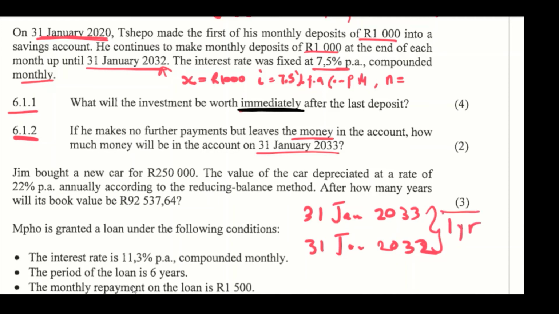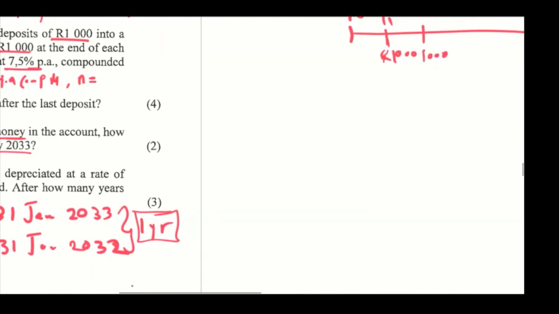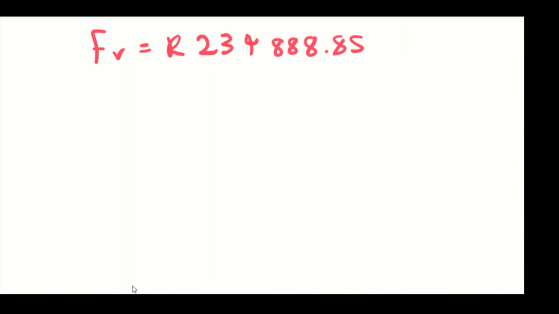So there's 1 year of interest made, which you can change into 12 months, right? So what is going to happen is this: we calculated the future value annuity, which was 234,888.85. If you leave this amount in your account and do not take it, you're going to have interest.